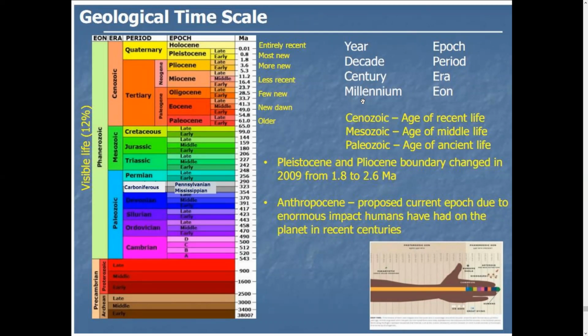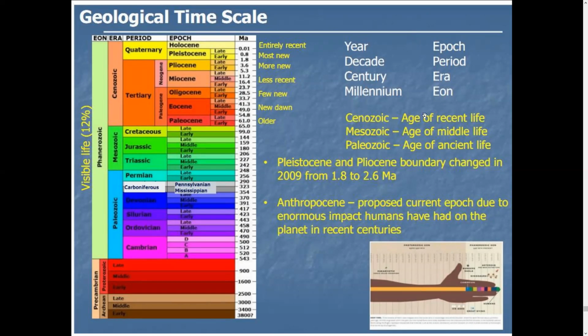So an eon is equivalent to a millennium, not in terms of time, just in terms of comparison. An era is equivalent to a century, a period is equivalent to a decade, an epoch, on the other hand, is comparable to a year. They are not equivalent, they are basically comparable because they cover different time scales.